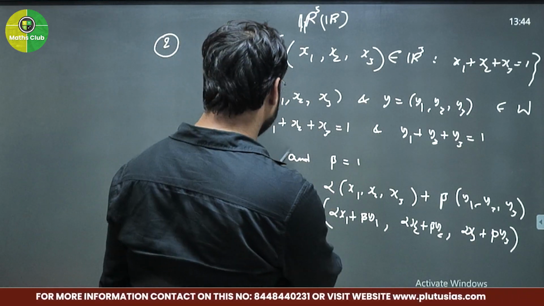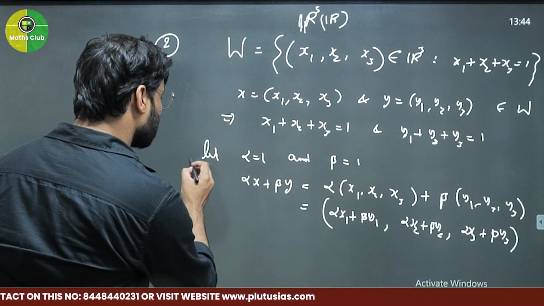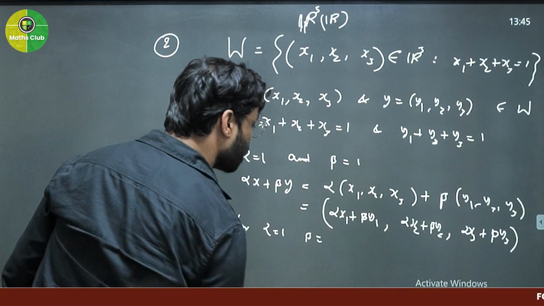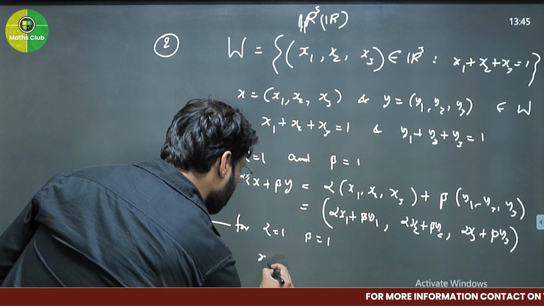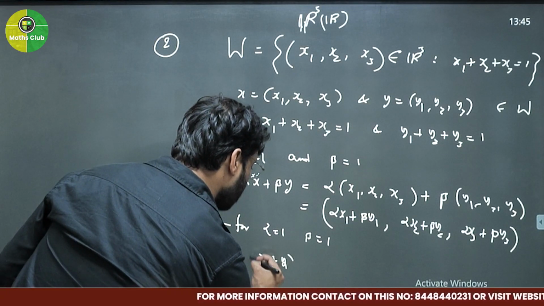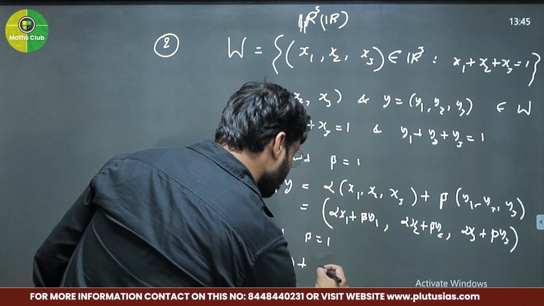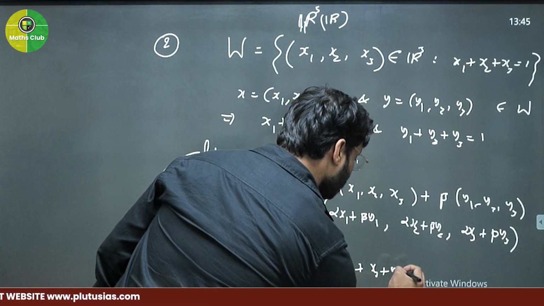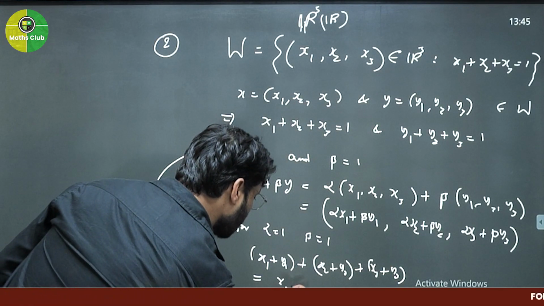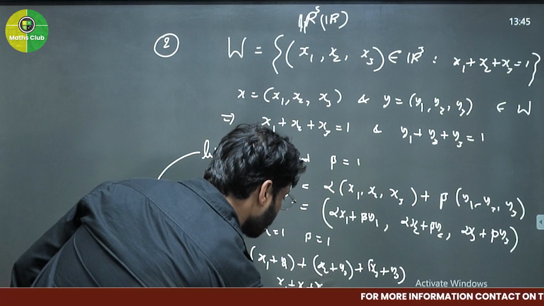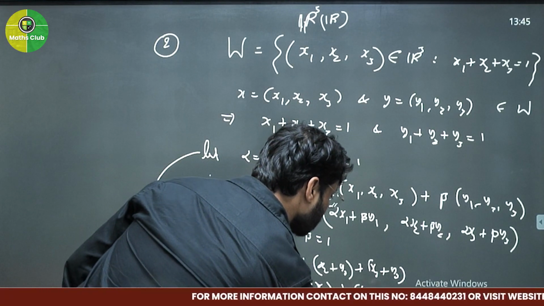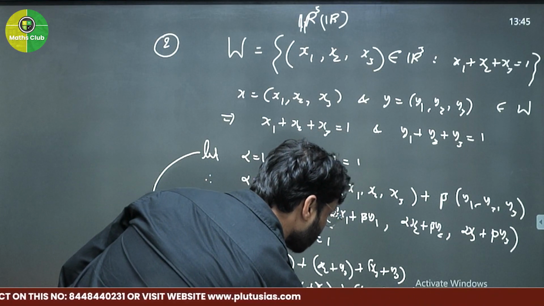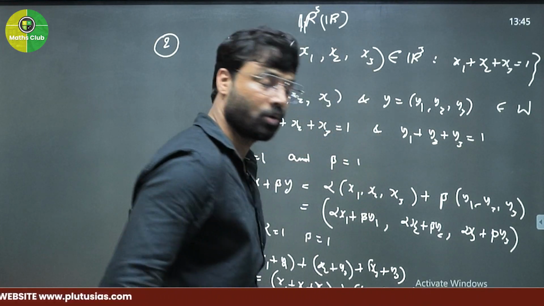Now for alpha equal to 1 and beta equal to 1, you will get x1 plus y1 plus x2 plus y2 plus x3 plus y3, equal to (x1 plus x2 plus x3) plus (y1 plus y2 plus y3), equal to 1 plus 1 equals 2, and that is not equal to 1.